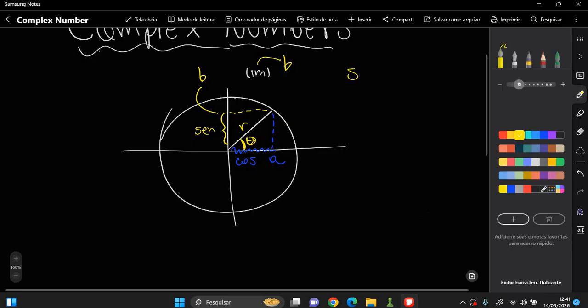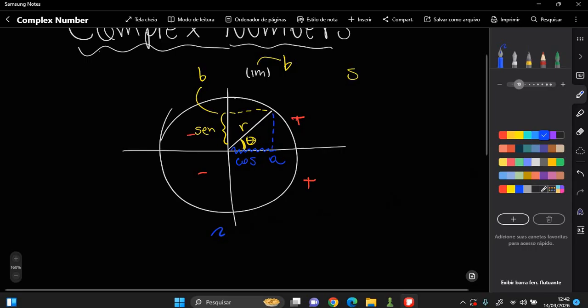And an important detail is that this part is positive, this is positive, this is negative.